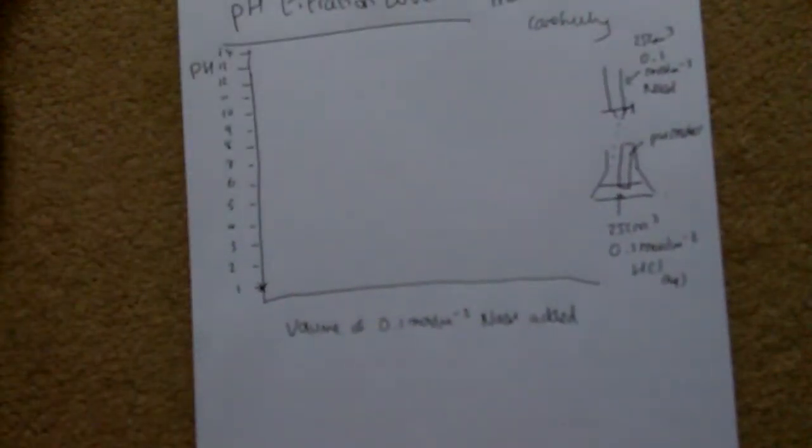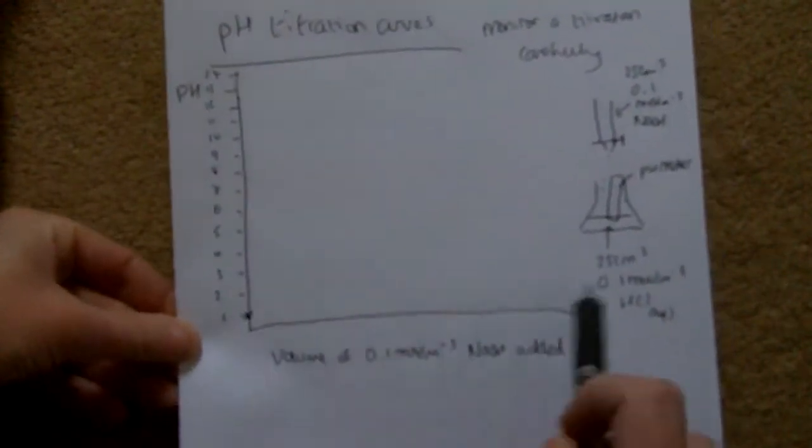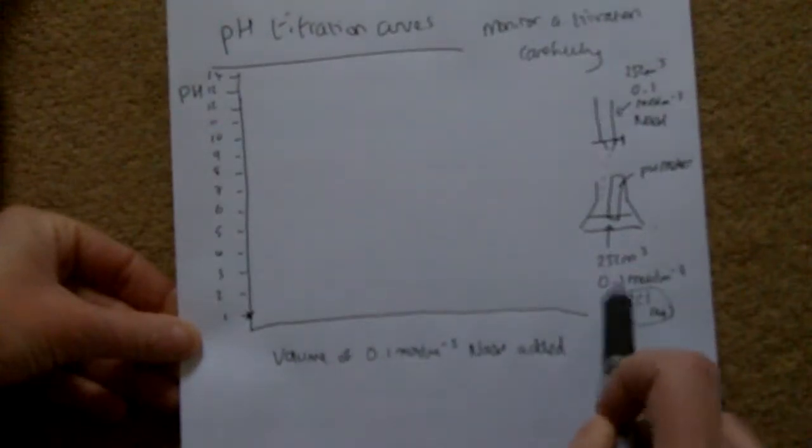When you're sketching a titration curve, you can do the experiment, get the results, and plot a titration curve. But you will be asked in an exam to sketch a rough titration curve. So you work out where the starting pH will be, depending on which acid is used.